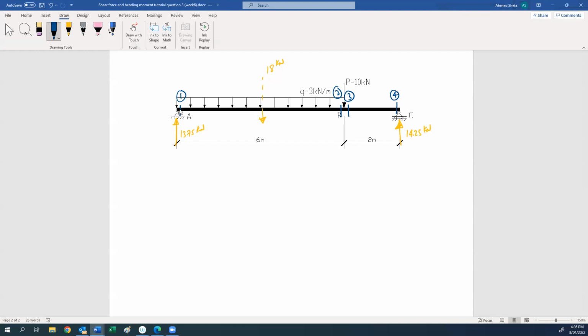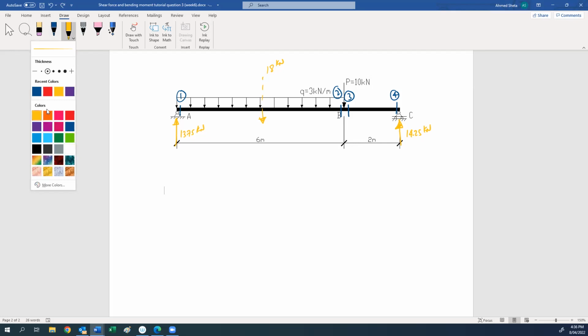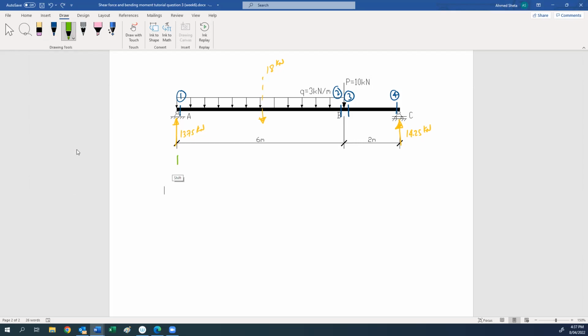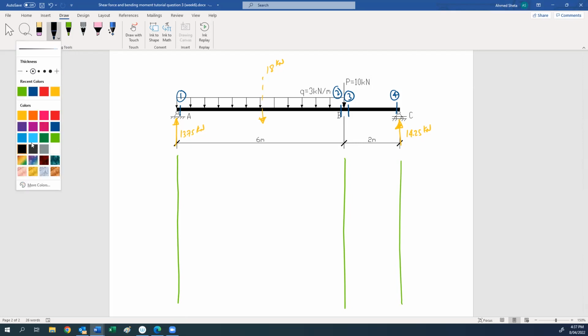So we have 4 cuts, and this is our guidelines to draw the shear force diagram and bending moment diagram. This is our datum.